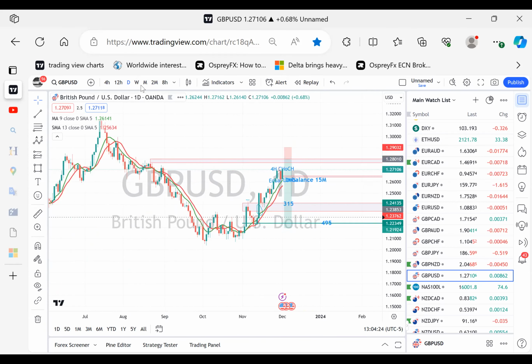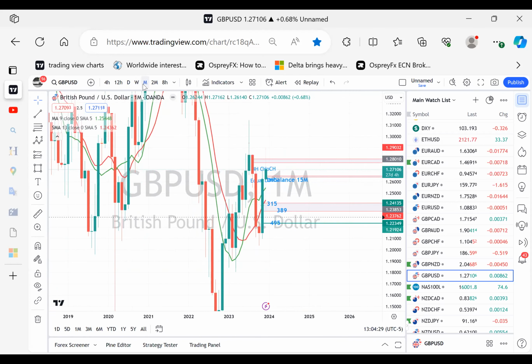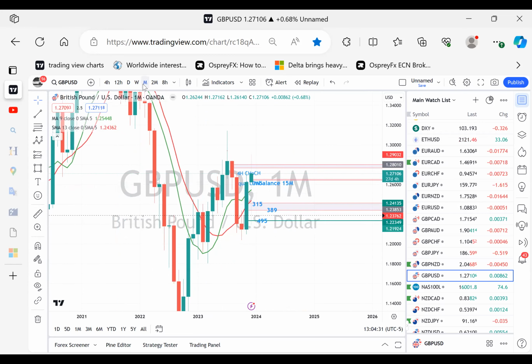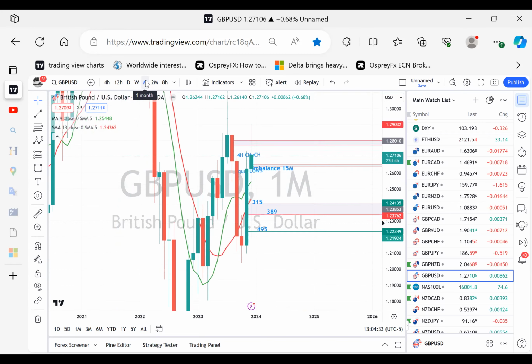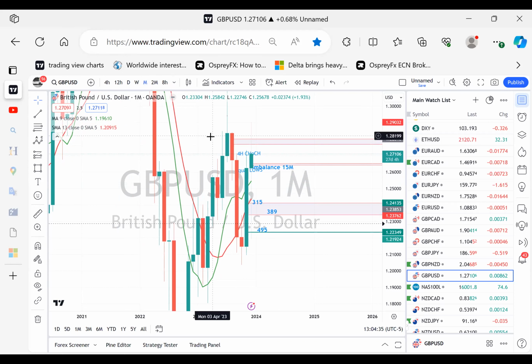If you look at the monthly chart, you see there's a bearish order block. Did you see that we haven't tapped into the zone of that bearish order block?